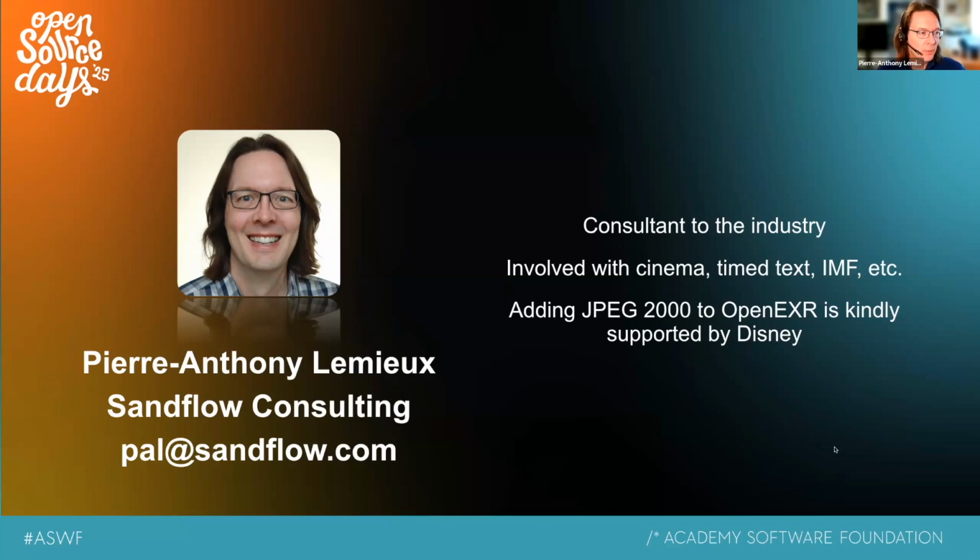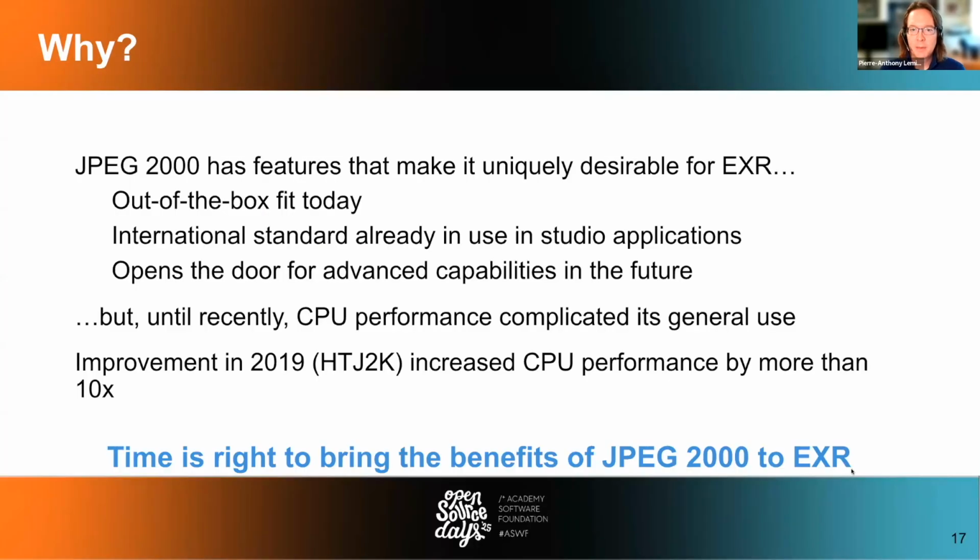And without further ado, let's go to the next slide, which I think is the key slide: why are we here today? It's because of JPEG 2000, which has been around for more than 20 years, and it's pretty remarkable because it's been continuously maintained since then. There are very few image or video codecs that have been continuously maintained over decades and extended. That's a testament to the flexibility of JPEG 2000.